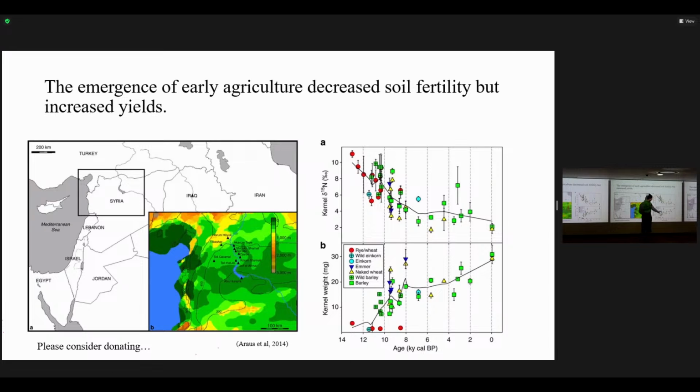But they also show that in those environments, they were increasing the yields. So it was quite interesting, because this means that across time, they were increasing the yields or the seed size of wheat and barley in this case, but in a soil that has fewer nutrients across time.